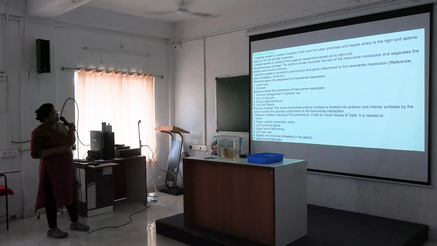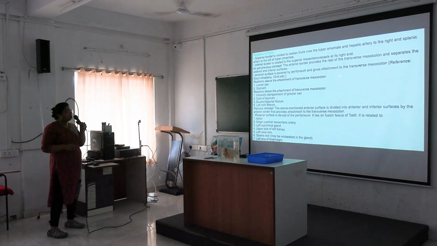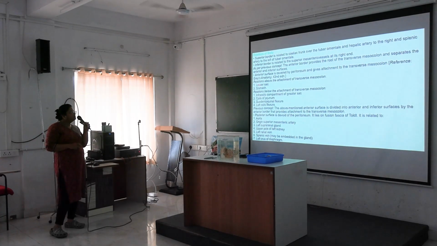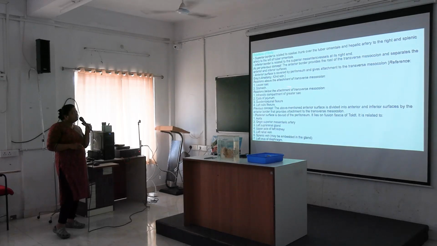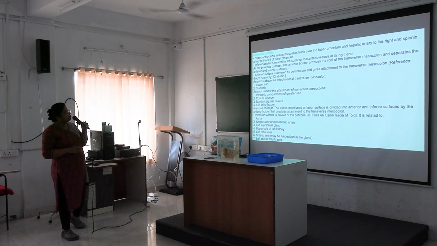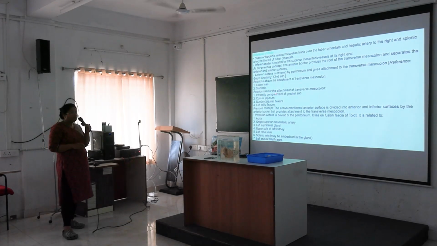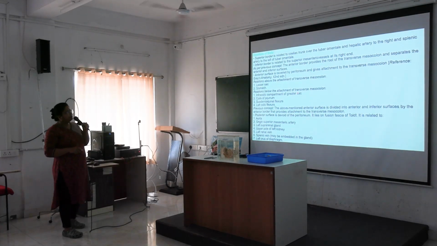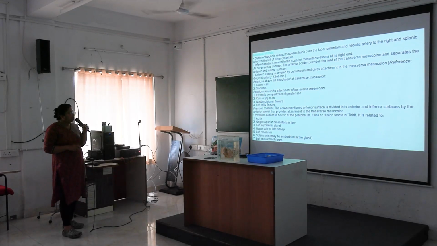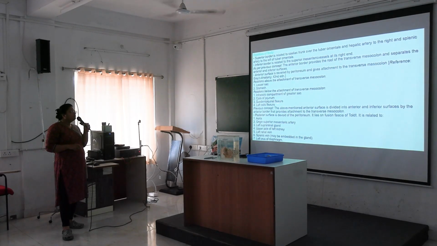So the anterior surface is covered by peritoneum and gives attachment to the transverse mesocolon. The relation above the attachment of the transverse mesocolon is the lesser sac and stomach. The relation below the attachment of the transverse mesocolon is the infracolic compartment of the greater sac containing coils of jejunum, duodenojejunal flexure, and left colic flexure.